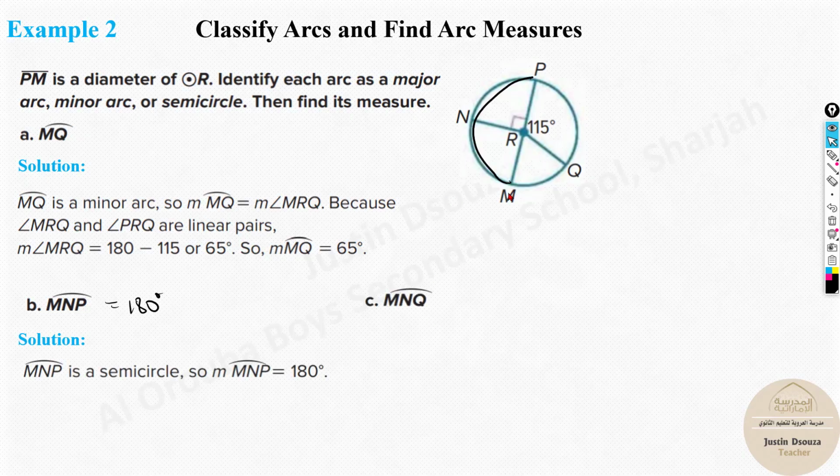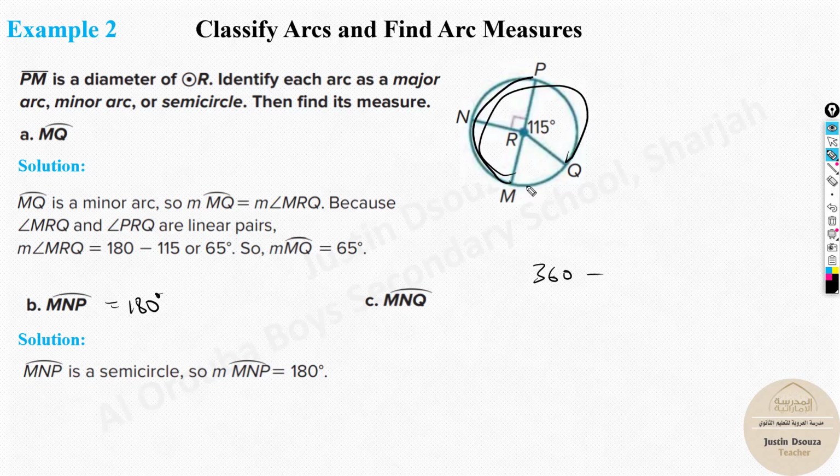And M and Q, what is M, N, and Q? This will be 360. Okay, now there are various ways to solve this. Generally, when you're solving a major arc, this is M and Q, major arc, right? You should do 360 minus the minor arc MQ. This is one way.